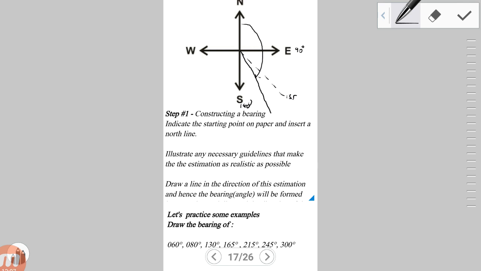So let's say for example, I know that this would have been, say for example, 90 degrees from north to east, and then all the way around here now would have been the remaining angle. So if you come all the way around here, this little piece of angle here would have been, say, 45 degrees, and this little piece of angle here would have been, say for example, 35 degrees.